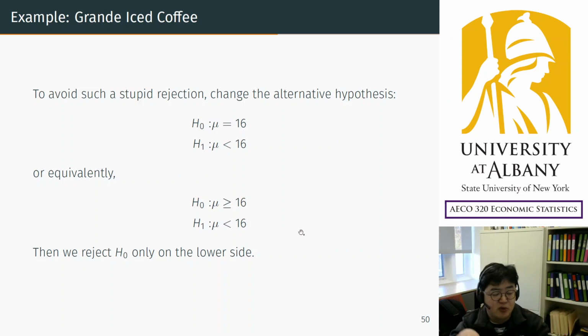In both notations, the key idea is that I'm going to punish the coffee shop if the amount is less than advertised. But more than advertised is not a problem at all. So I will reject only on the lower side. That is the main idea.